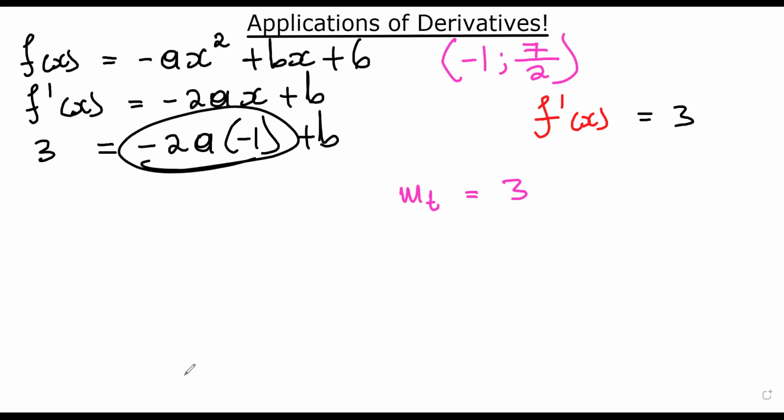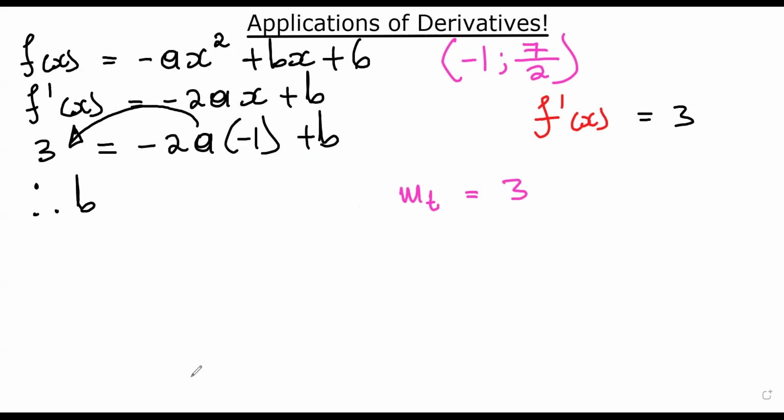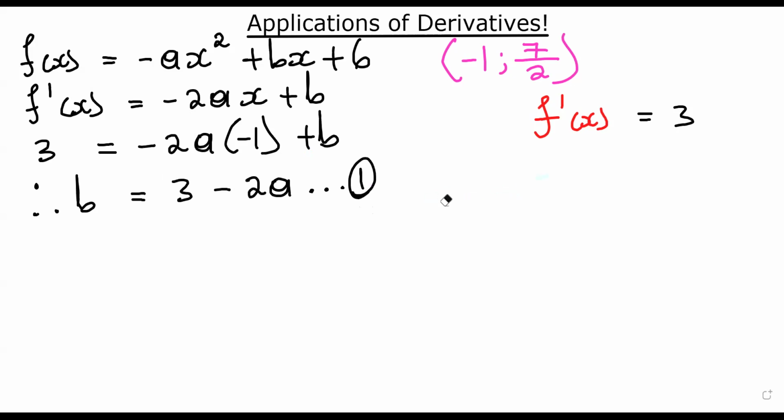Now, if you say -2 times -1, you simply get positive 2. But then if you take this one to the left-hand side, it still becomes negative anyway. So every time you see b, you actually see 3 minus 2a.